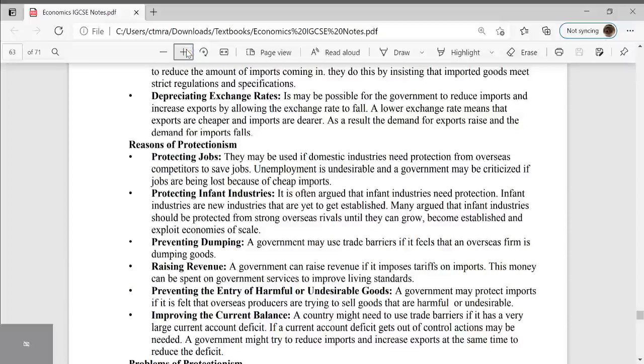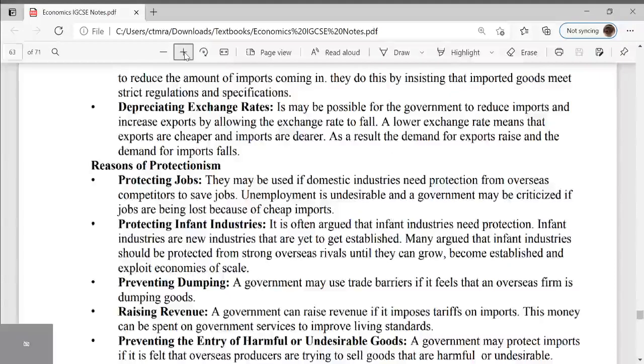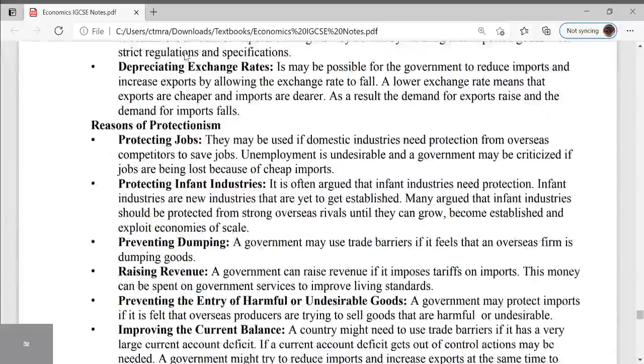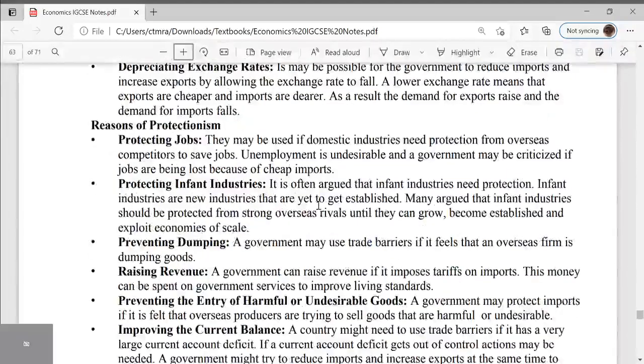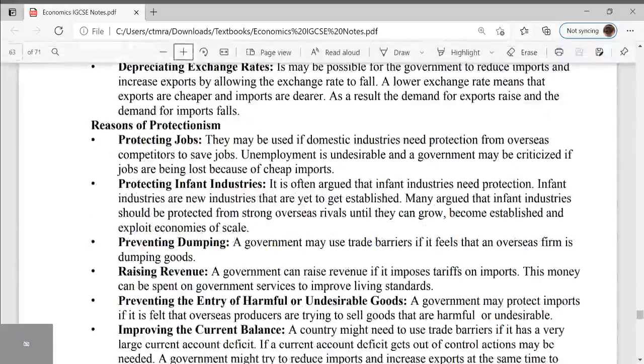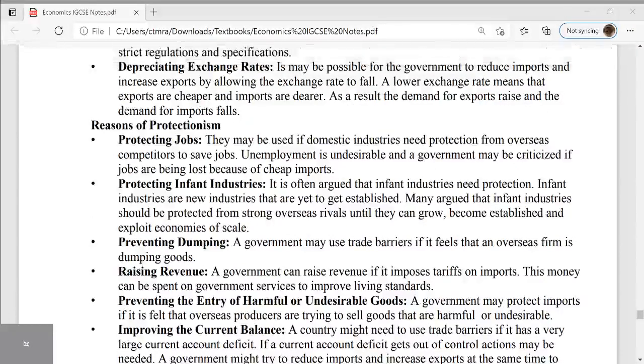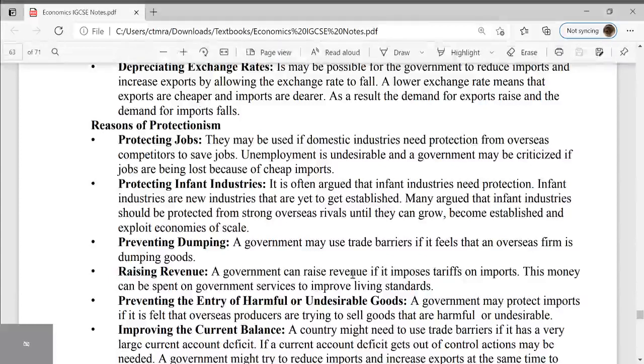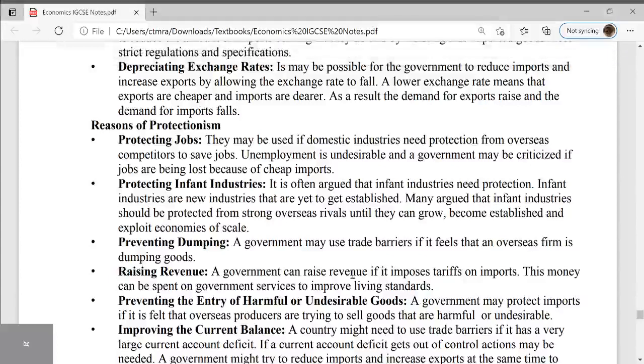Okay, next is protecting the infant industries. Infant industries means like the new industries. The industries that are yet to get established, it's a new industry. Okay. So, new industries or infant industries, it's difficult for them to compete with the foreign farms.